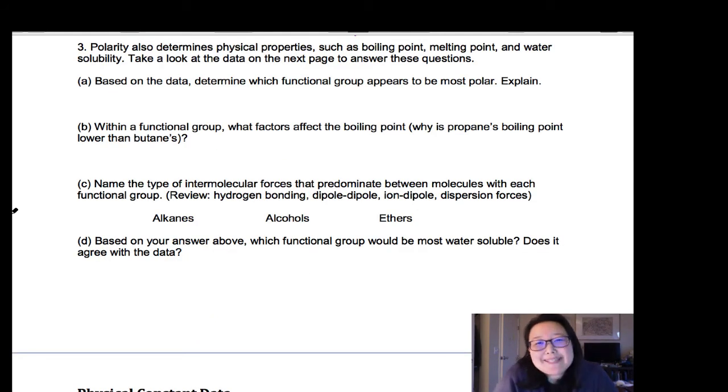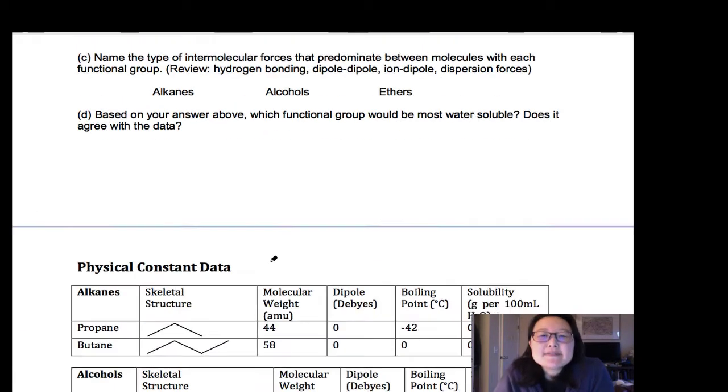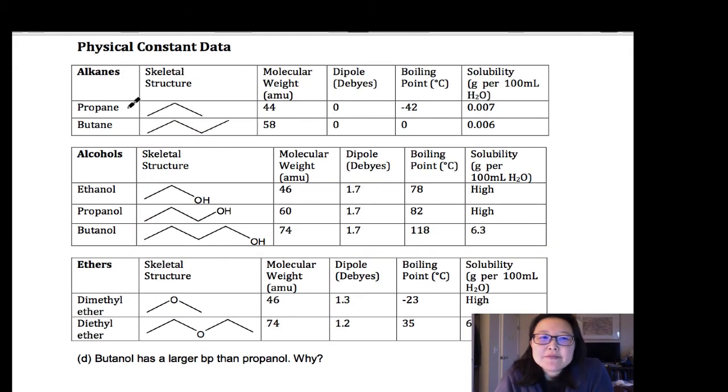So back to our activity, what I would like you to do here is play the role of a scientist. You have some data on the next page of different groups of molecules listed by their functional group: alkanes, alcohols, and ethers, and these are different molecules but with the same functional group.